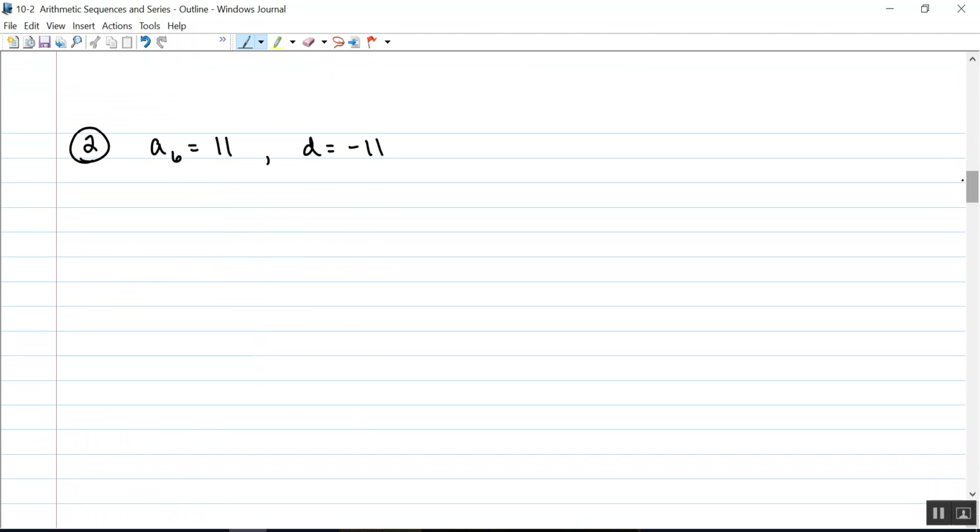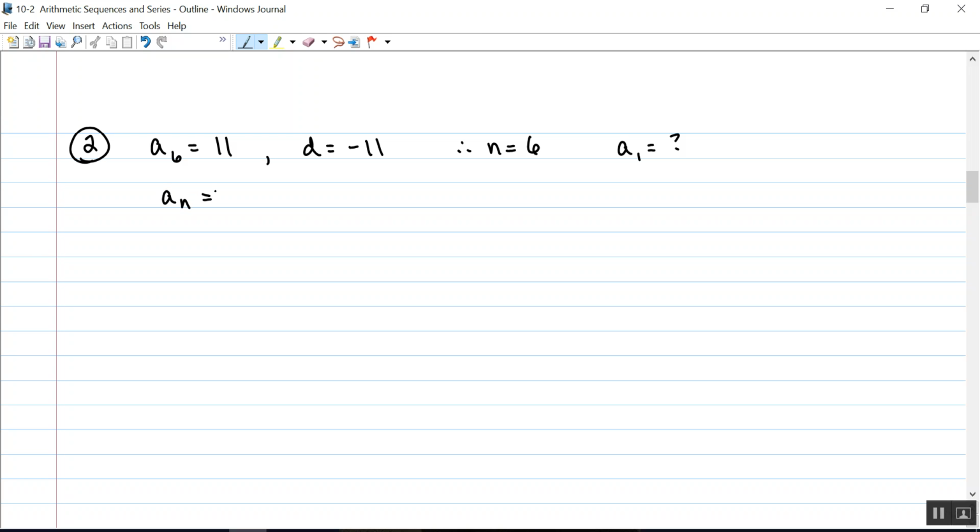Our second example gives us a sub 6 equal to 11, and d is equal to negative 11. Okay, so from that I know that my n is going to be equal to 6 because this is the sixth term. I know that the sixth term is 11, but what I don't know is a sub 1, and I really need that to write my equation. So I'm going to start out by finding a sub 1. So I use my formula, a sub n.